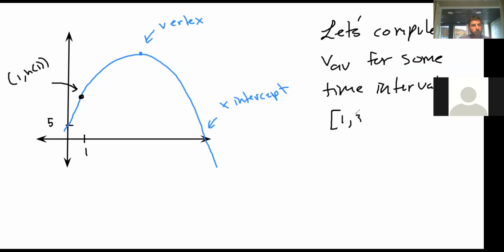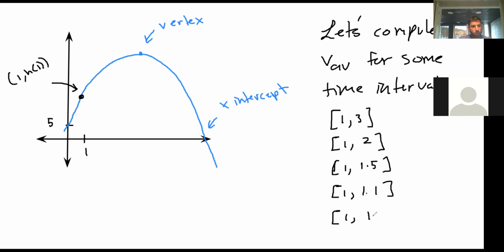Let's do 1, comma 3, 1, comma 2, 1, comma, say 1.5, 1, comma 1.1, 1, comma 1.01, etc. So let's compute the average velocity of our height function on these time intervals.